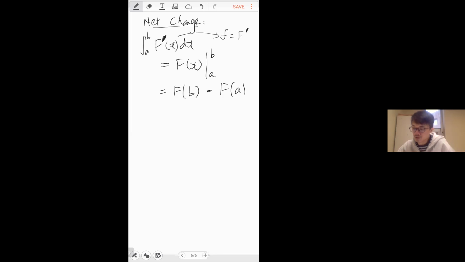So no matter how you think, the correct way to think about this definite integral is you want to find the antiderivative of the capital F prime of x. And we know that the antiderivative of capital F prime of x is just the capital F of x, because that's the definition. Is it okay?